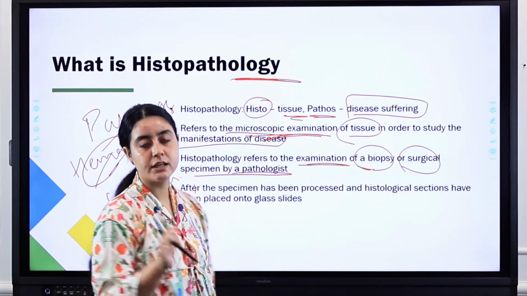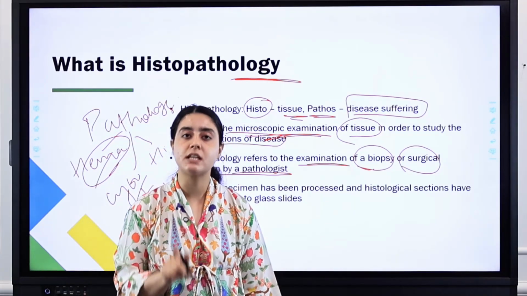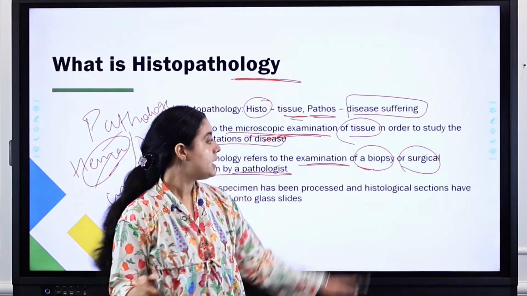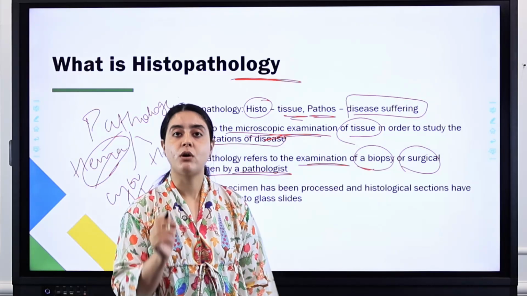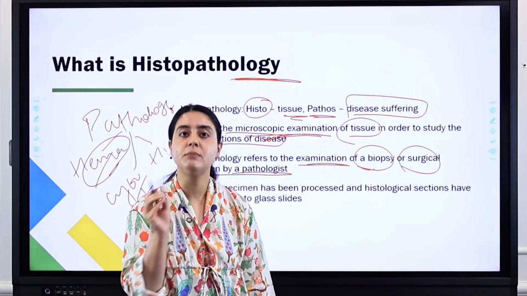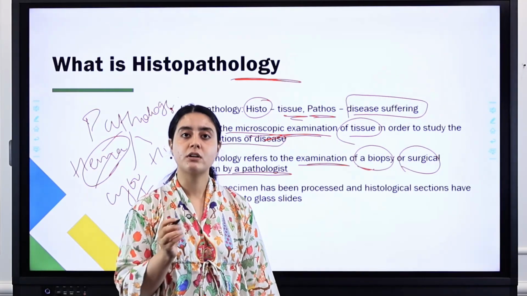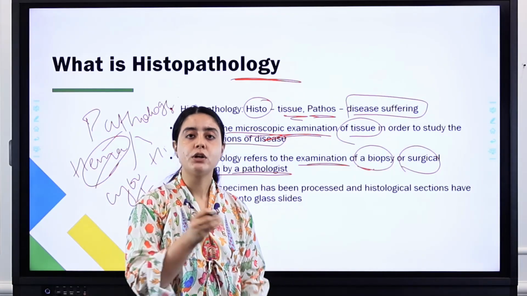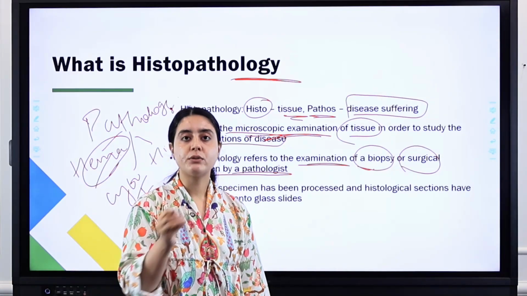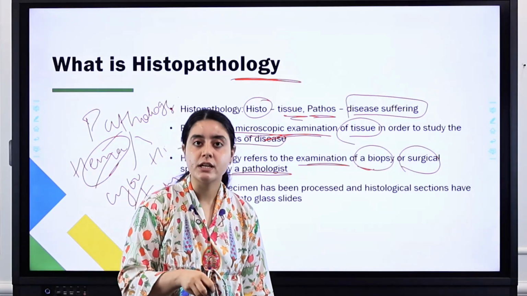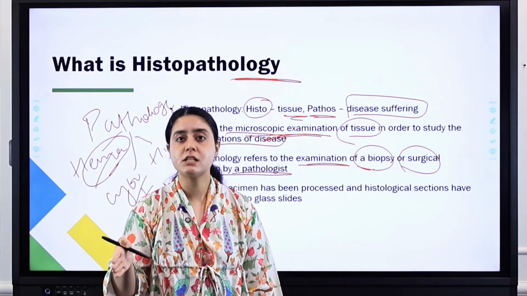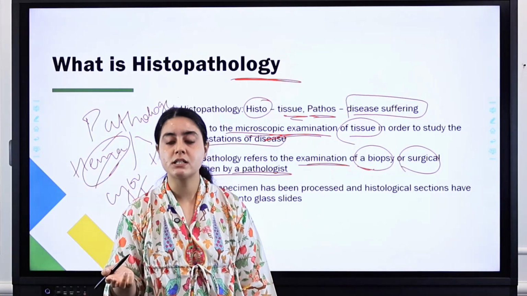There are certain types of specimens which we receive in the histopathology lab, such as biopsy, autopsy, or sometimes surgical materials. During surgery, doctors send a piece of the organ to the laboratory, in order to know whether any disease has progressed, how much it has progressed, and whether it has converted into cancer or not.